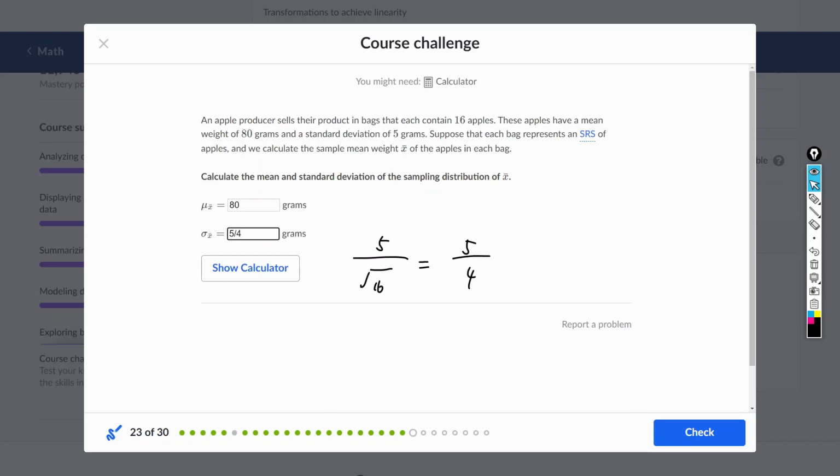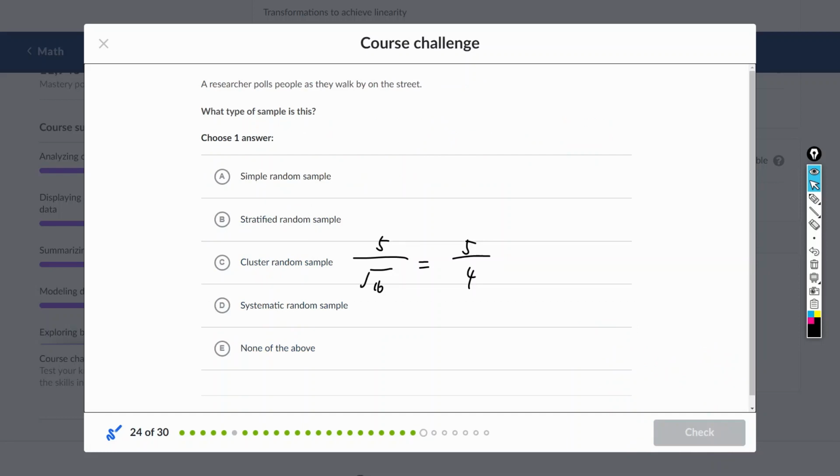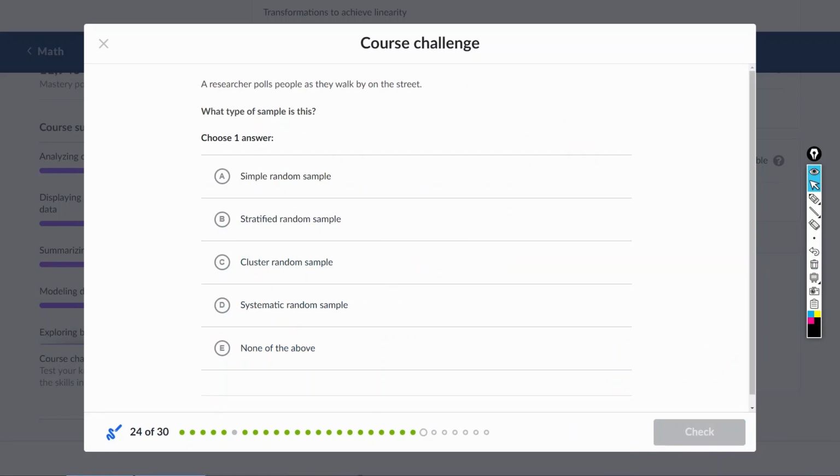OK。A researcher polls people as they walk by on the street. What type of sample is this?